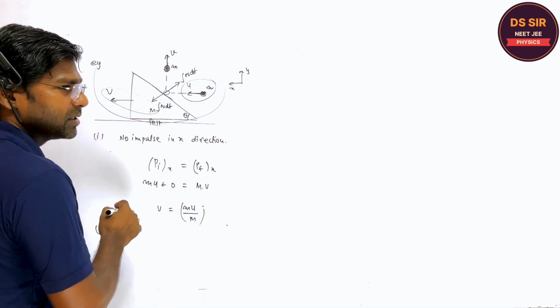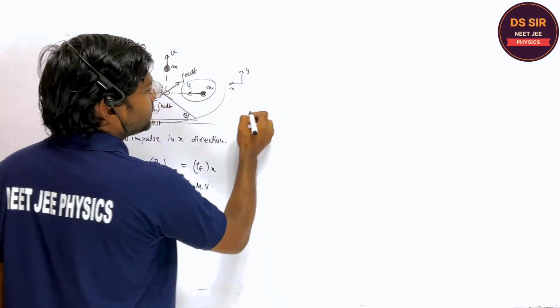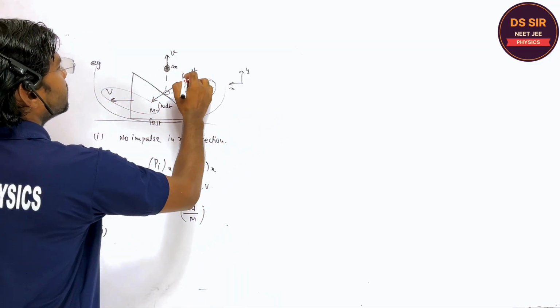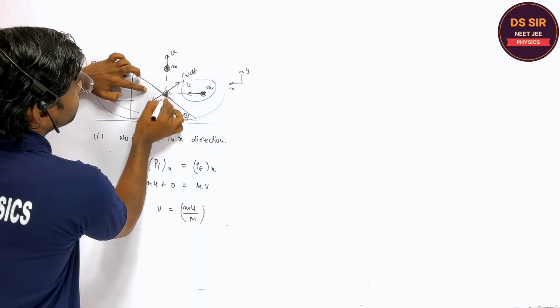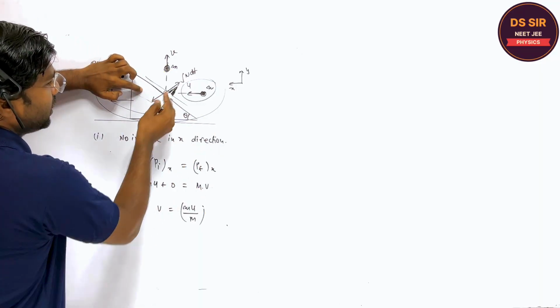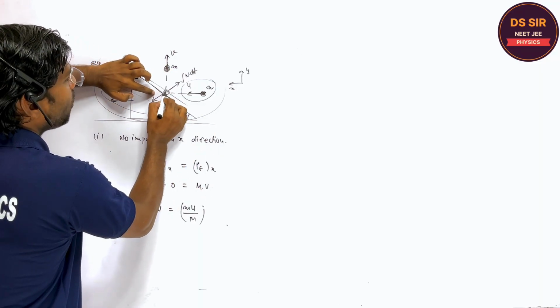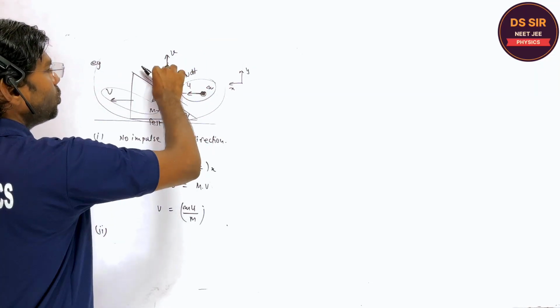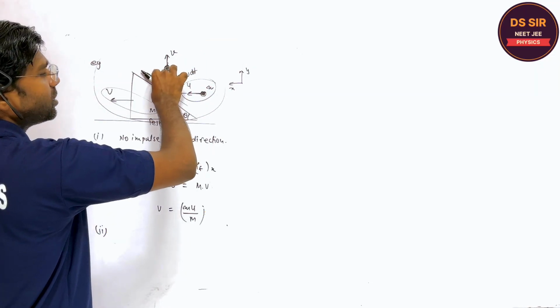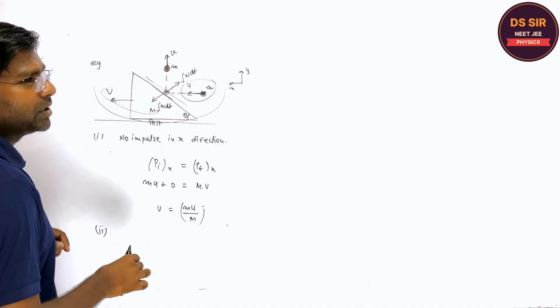If you remember, the impulse is the integral of F dt. So what is happening? If you consider this line, the impulse is applied on the ball in this direction. So along this direction, the momentum of the ball will not change.